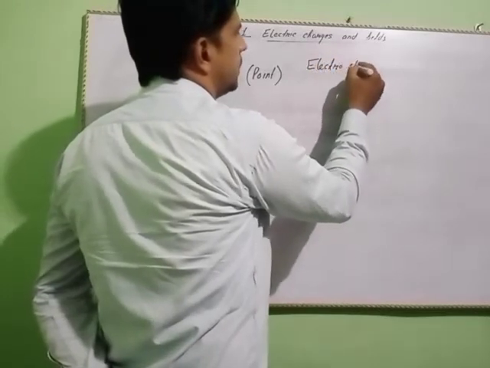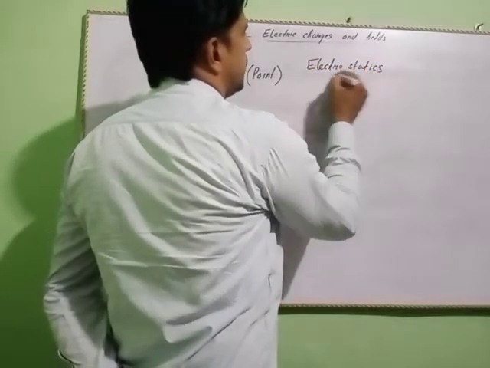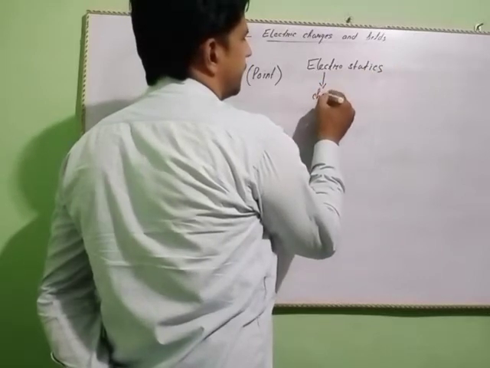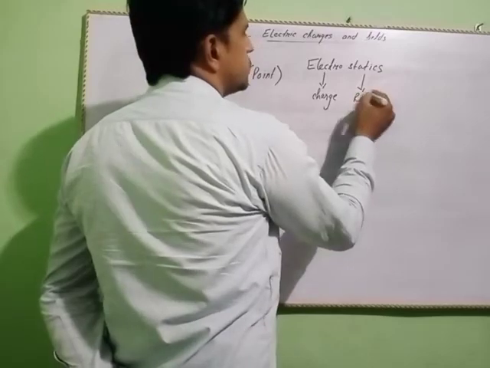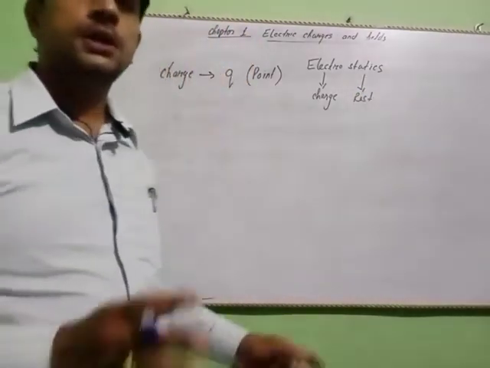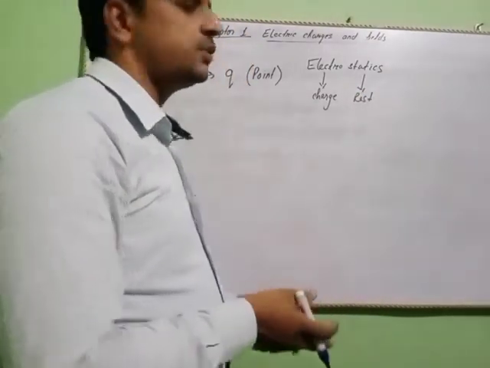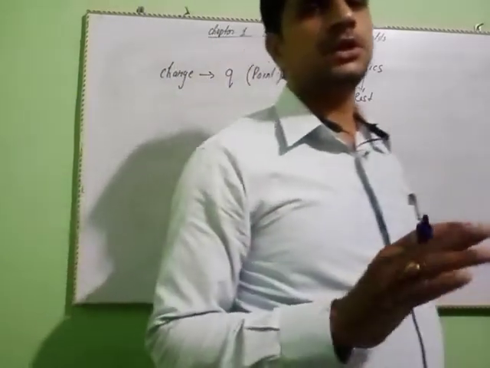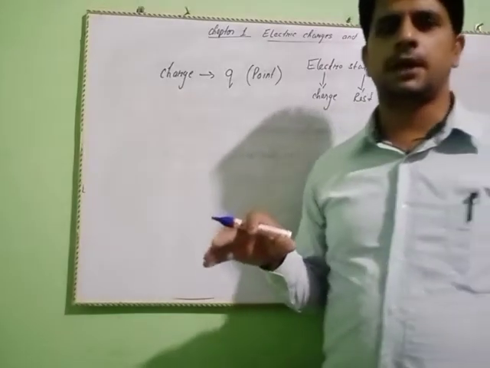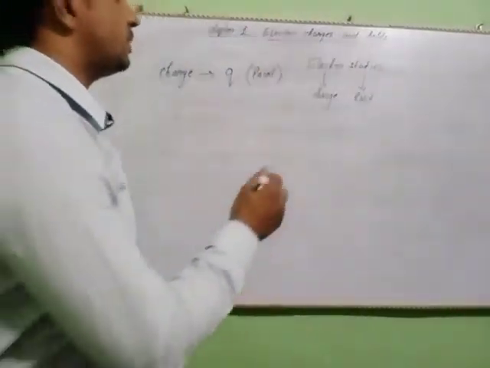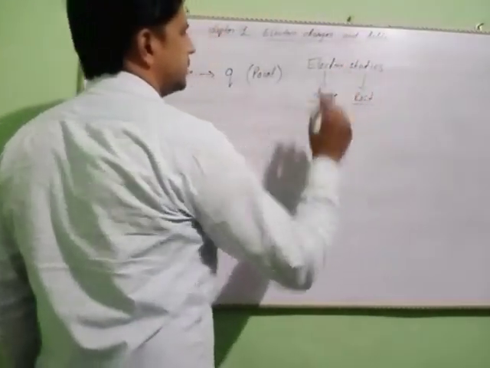Electro means charge and statics means at rest. In this unit we will study all the properties and behavior of a charge when it is at rest, not moving, because a moving charge constitutes a current.